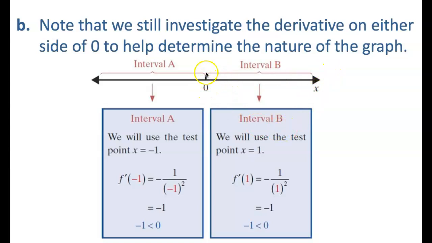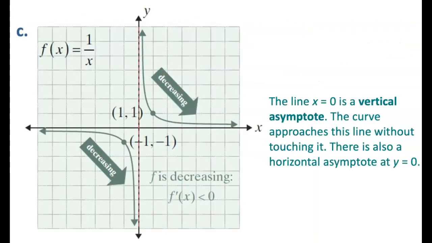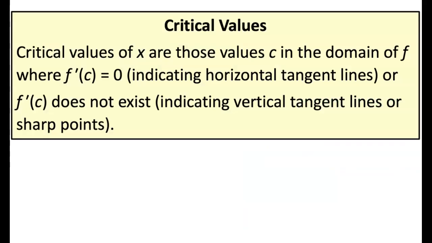But remember, it's neither increasing nor decreasing at x equals 0 because the derivative is not defined for x equals 0. So let's see, what does that mean for the picture? All right, that we already talked about. Look at that fun graph.